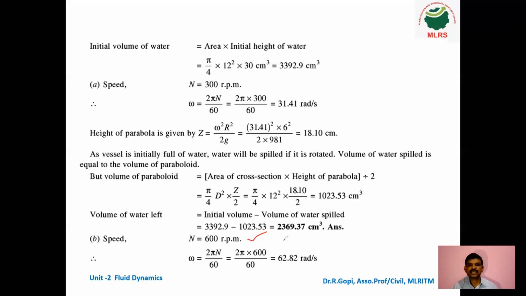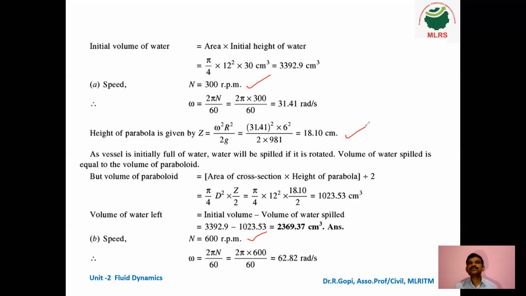Now let us see, for 300 RPM, the depth of parabola is 18.1 centimeter. Again, I am increasing the speed, as in our forced vortex video.